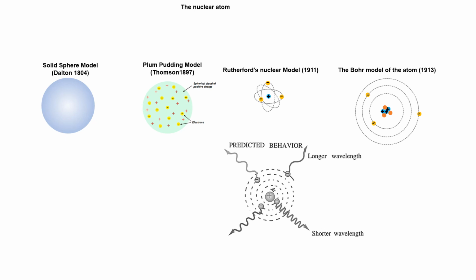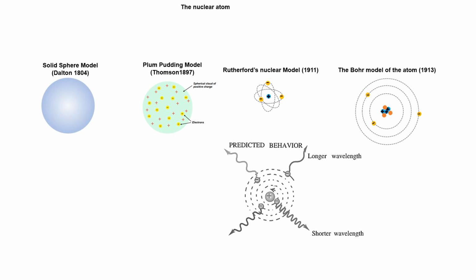Beyond that, this model predicts that light of a continuous range of frequencies will be emitted, whereas experiments show that atoms emit certain discrete characteristic frequencies of electromagnetic radiation and no others.